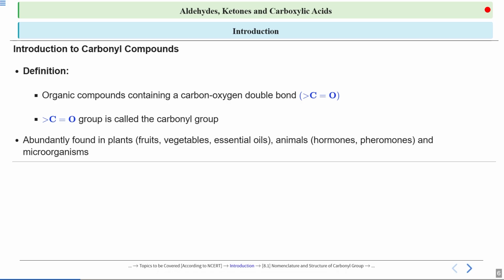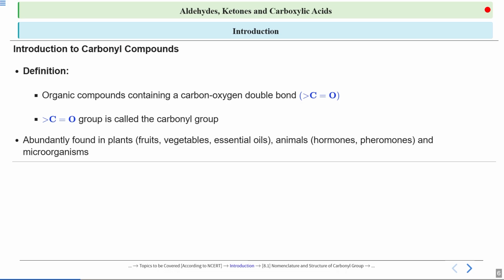If we talk about their occurrence, carbonyl compounds are not just confined to the laboratory. It is very interesting that they are abundantly found in nature. For instance, they are present in fruits and vegetables, which contribute to their aroma and flavor.